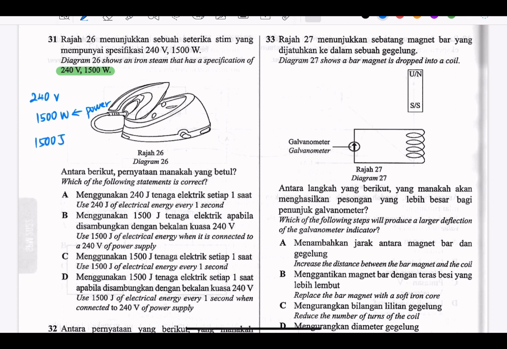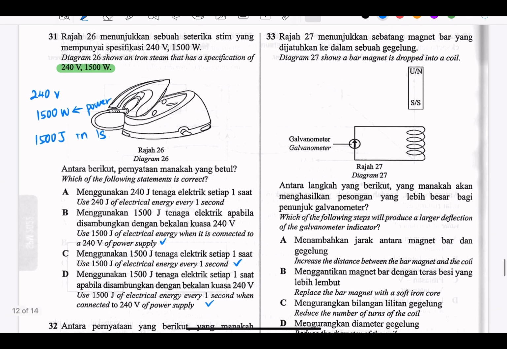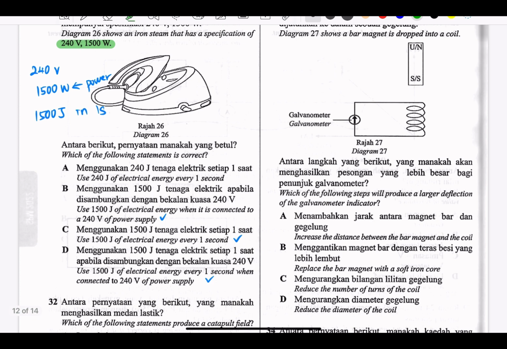There will be 1500 joules used in 1 second. So when the steam iron is connected to 240 volts. Okay, B, C, D. So the most accurate one is D.